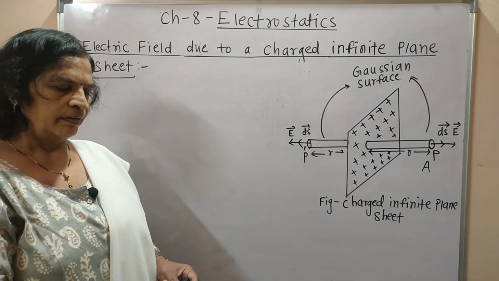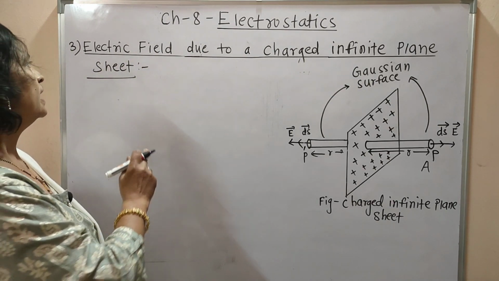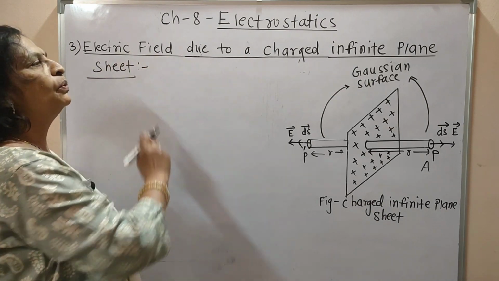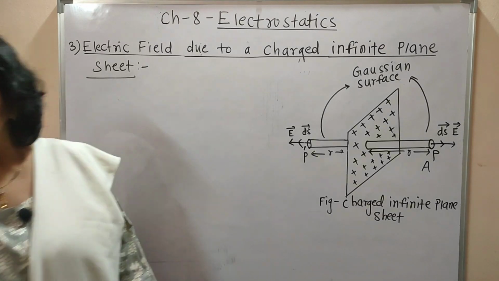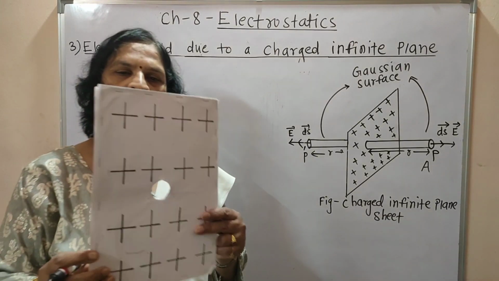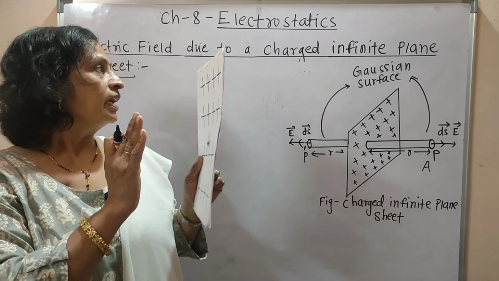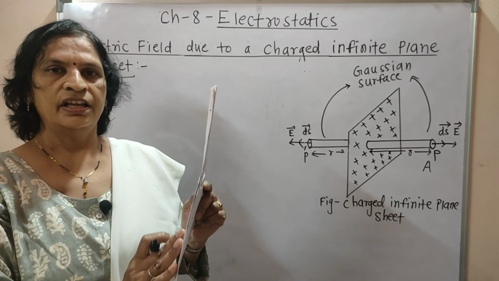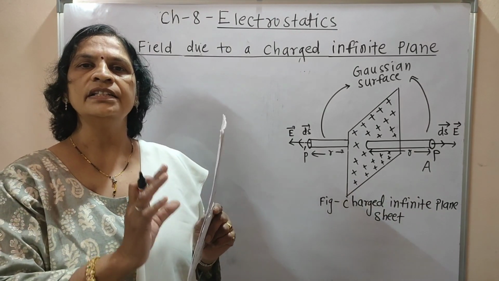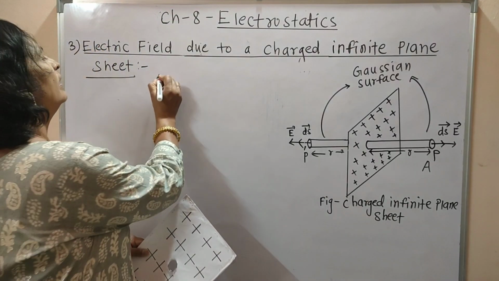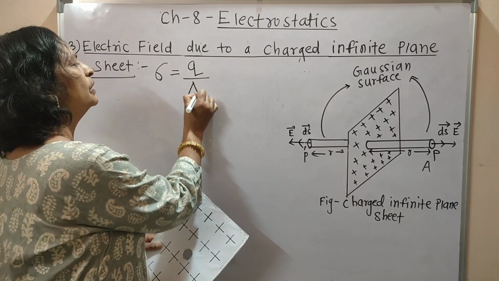Today we will study the third application of Gauss law, that is the electric field due to a charged infinite plane sheet. Consider a charged infinite plane sheet, and sigma is the surface charge density of this sheet, that is, sigma equals charge per unit area.